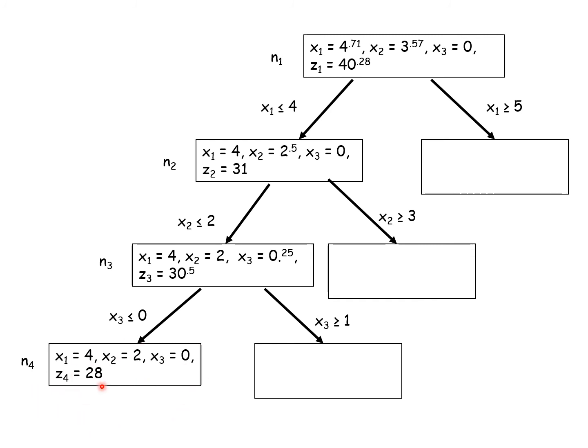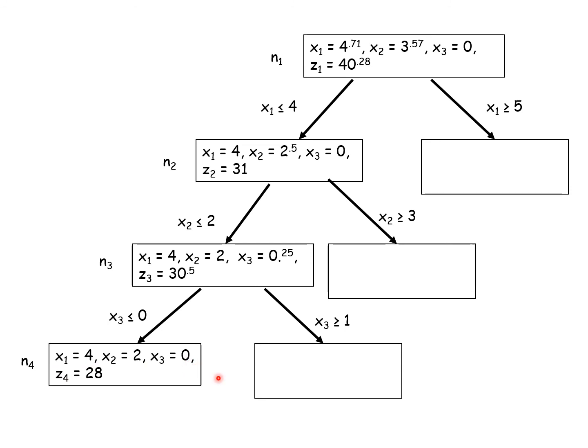So if I get any value for solving the problem in other branches of the tree that I haven't solved yet, but I'm going to solve later, if I get a value less than 28, I don't bother going through that branch of the tree, because I'll say, no, I already have a better value here. So that's the approach.